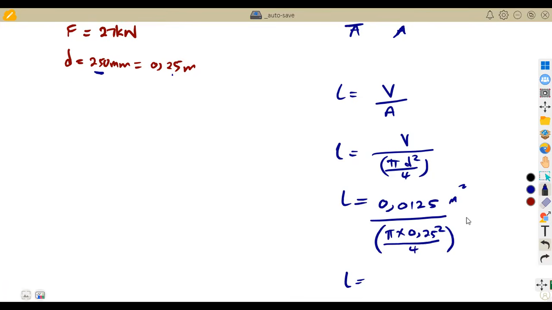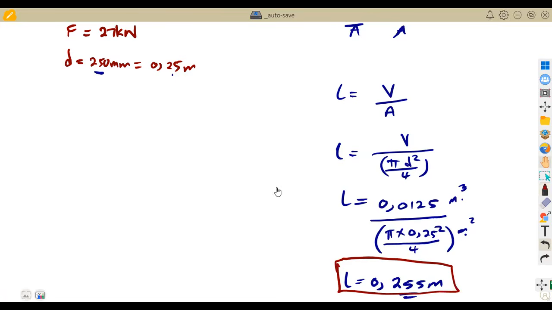Remember, the area is in square meters and the volume in cubic meters, so cubic meters over square meters will give us meters. Our stroke length is 0.254647 and so on, so it's going to be 0.255 meters. So that was how we could have calculated our stroke length.